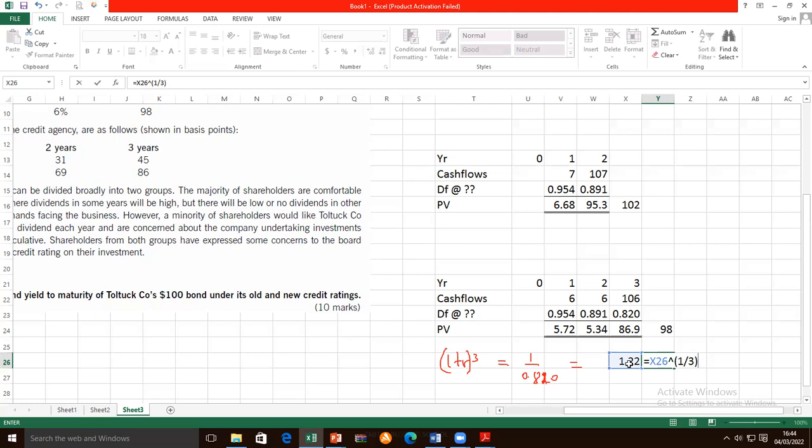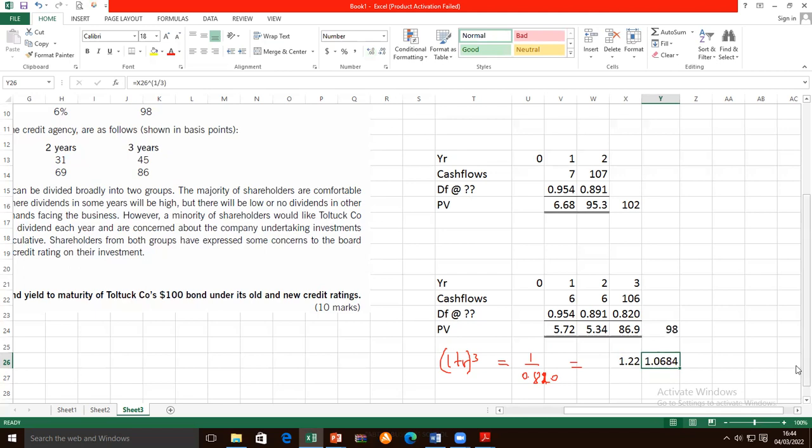So I'm taking the third root of this. That gives 1.07, minus 1. So we need to be able to use these functions.